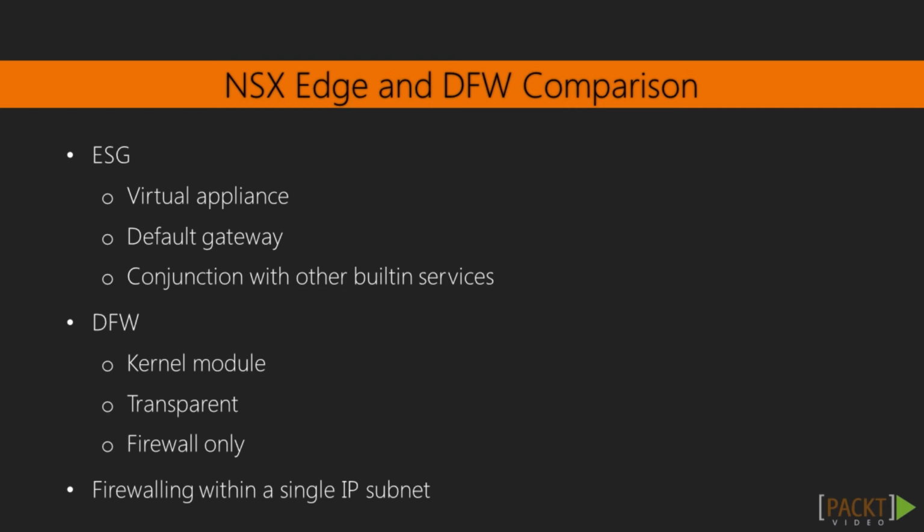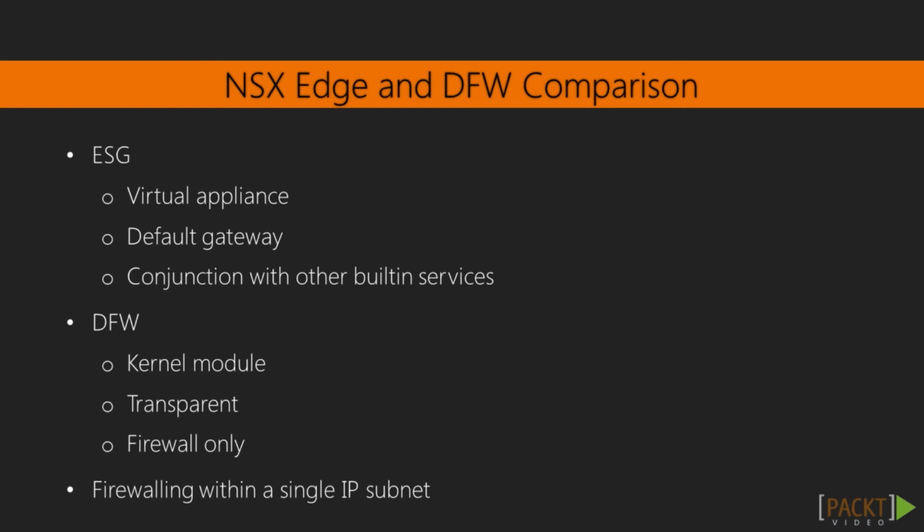So the ESG is a virtual appliance form factor, which is basically a virtual machine with a pre-configured OS, tools, software applications, CPU, memory, and network interfaces. So the ESG is limited basically to 10 NICs, because that is the limit of a virtual machine.